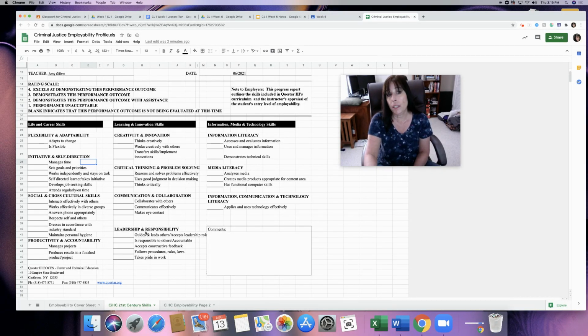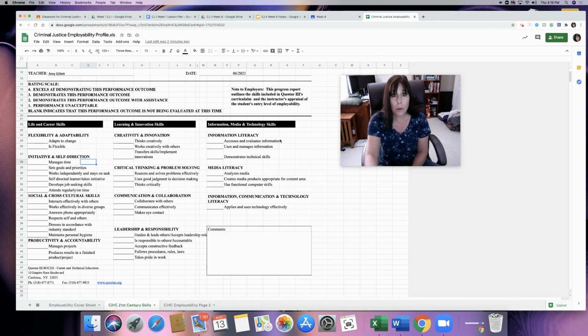So then you have leadership and responsibility. Guides and leads others, accepts leadership roles, is responsible to others and accountable to others, accepts constructive feedback, follows procedures, rules, and laws, takes pride in work.